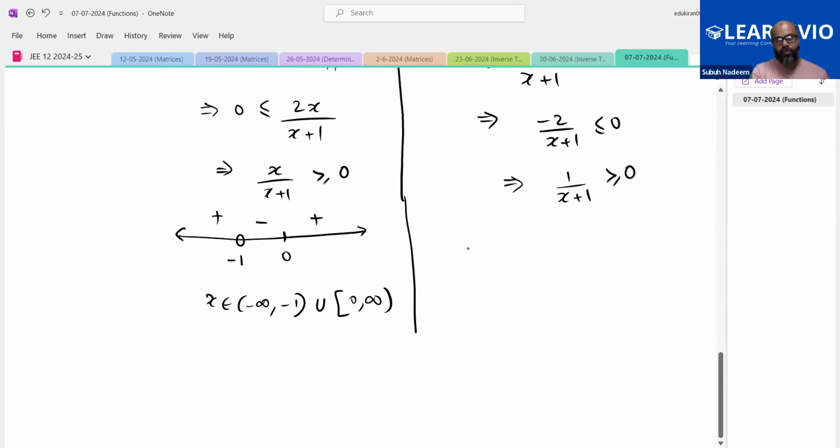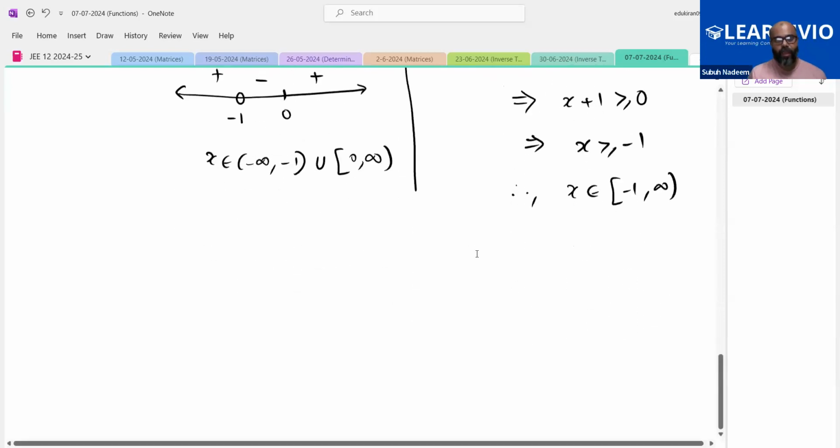Denominator cannot be 0. Here 1 by (x plus 1) greater than or equal to 0 means x plus 1 is greater than or equal to 0, which means x is greater than or equal to -1. So therefore from here we are getting x belonging to -1 comma infinity.